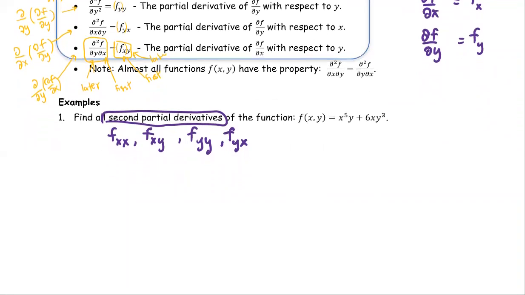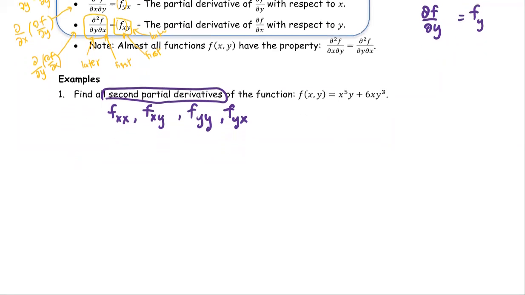And for this particular problem, let's just use the subscript notation here, okay? It's maybe easier to work on because you're gonna work from the inside out. Like for this one, the f x x here is from, you find the f x first, and let me put on the notes here, before you find the second derivative, you're gonna have to find the first derivative to begin with.